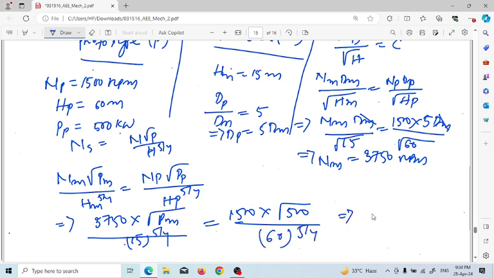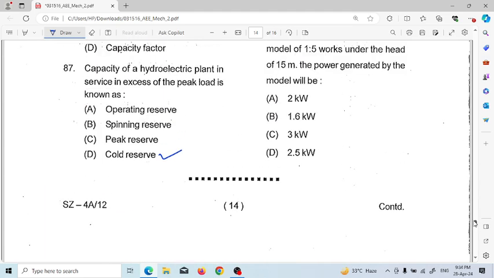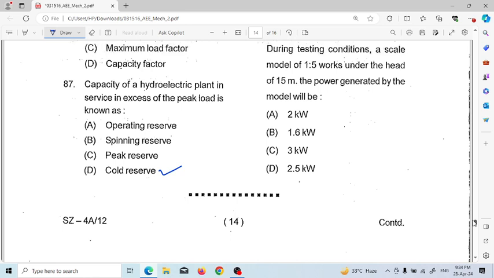So after calculating, we get power of model is equal to 2.5 kilowatt. So option D is the correct answer.